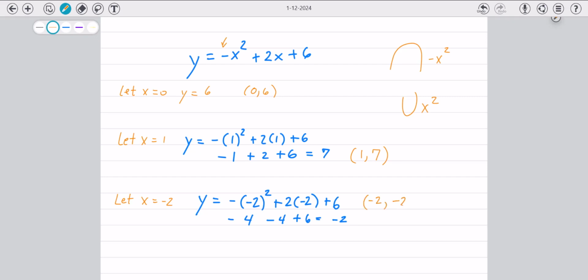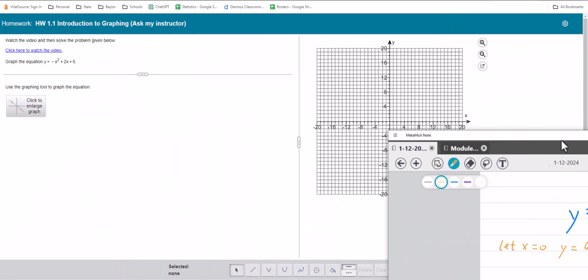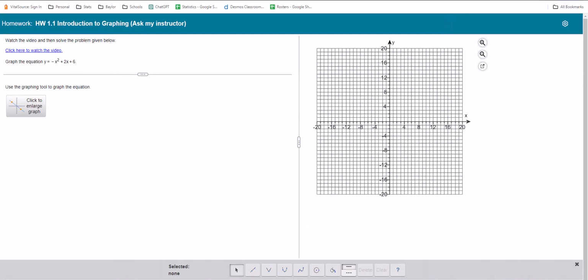How nice, negative 2. So now I'm going to plot these points, and I know once again that this is a parabola, so I'm going to grab this bad boy right here. And so I would probably plot the intercept first, which was what, 0, 6. So I'll put a point there.